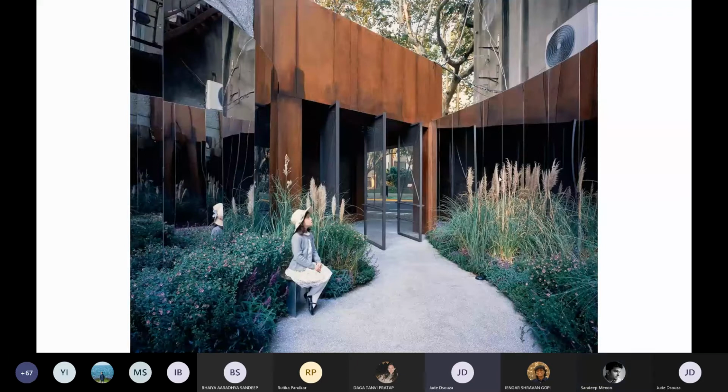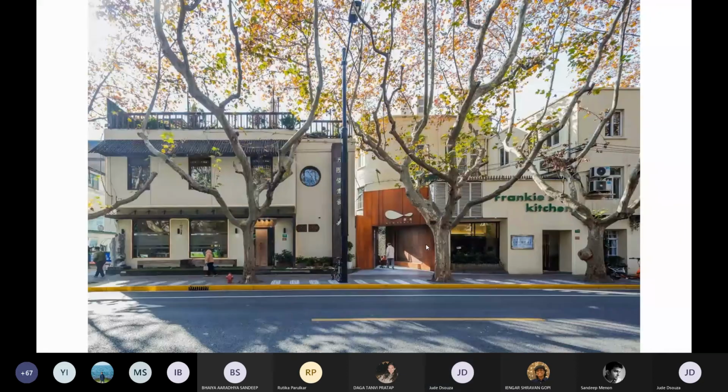So this is a little bit onto the street, so it's almost this secret little thing which makes its presence. Again, this is corten steel. I don't know if my image has changed. I'm looking at the street. So this little indirect path, like what Sandeep was saying, you're actually not showing it all at one go.